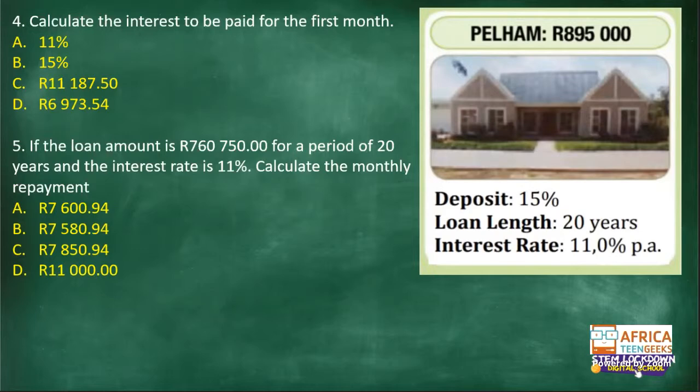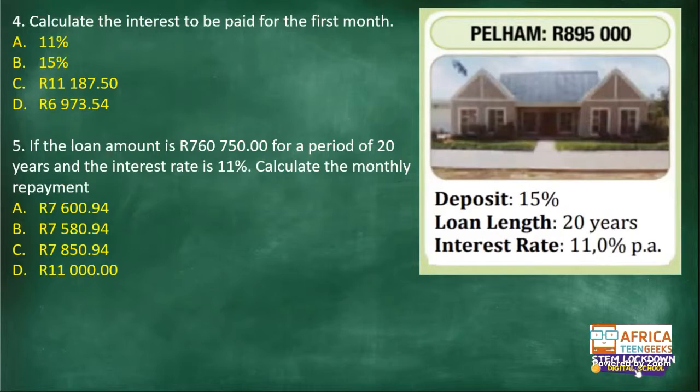So let us start now with the interest to be paid for the first month. I've said that you need to realize that the interest rate is 11.0% per annum. So what does this mean? This means that you need to find out how much 11% of the total amount per annum will be.